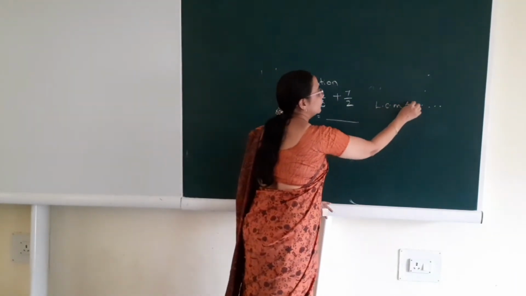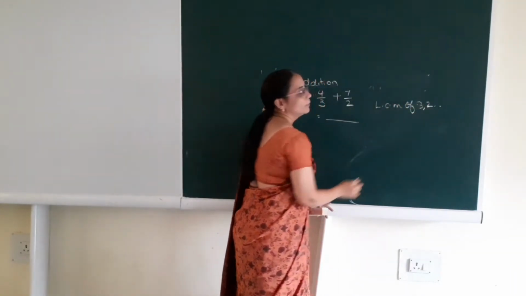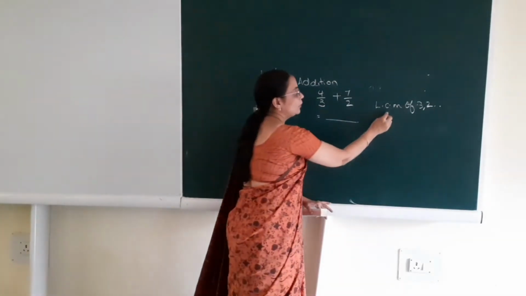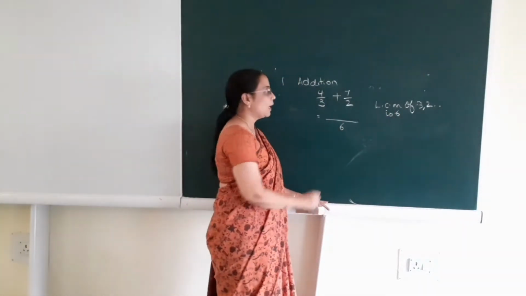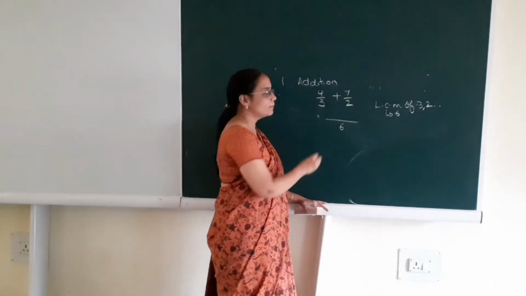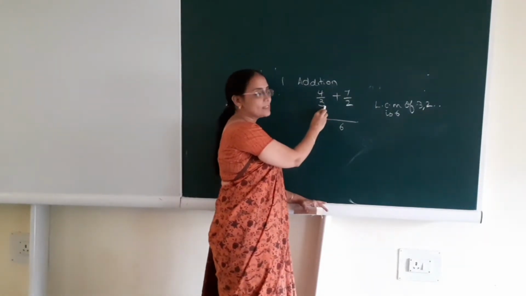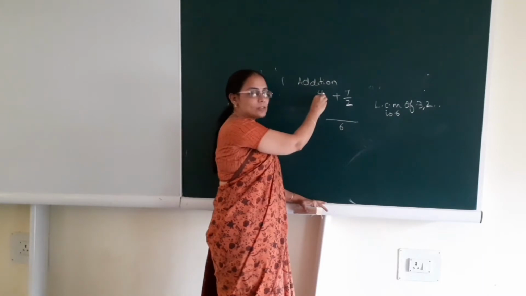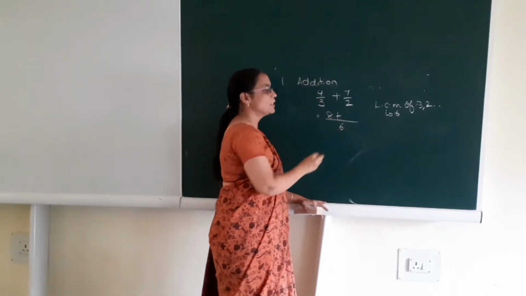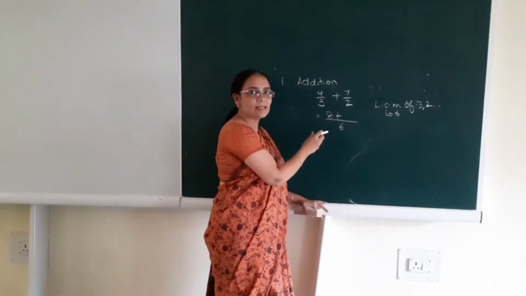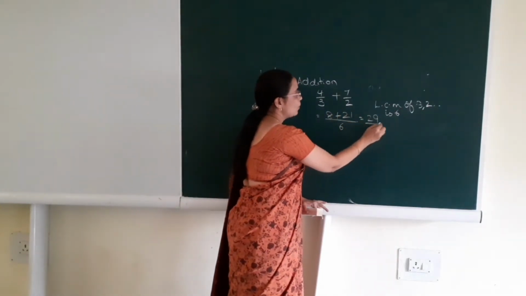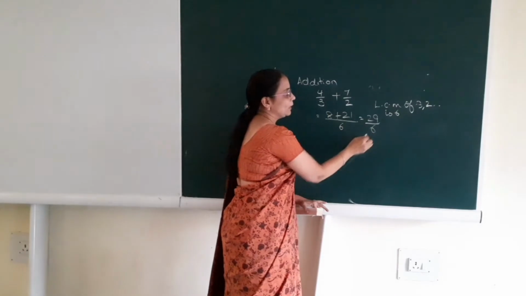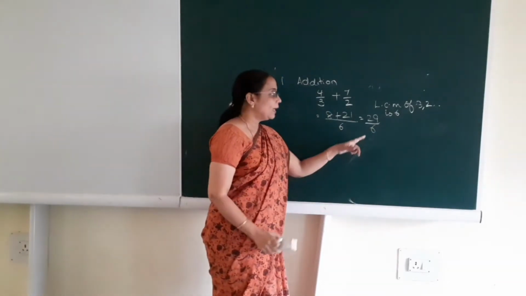The LCM of 3 and 2 is 6. Now change the numerators. 3 into 2 is 6, so we multiply the numerator also by 2. 4 twos are 8. 2 threes are 6, so 7 threes are 21. The sum of these two rational numbers is 29 upon 6. Again a rational number.